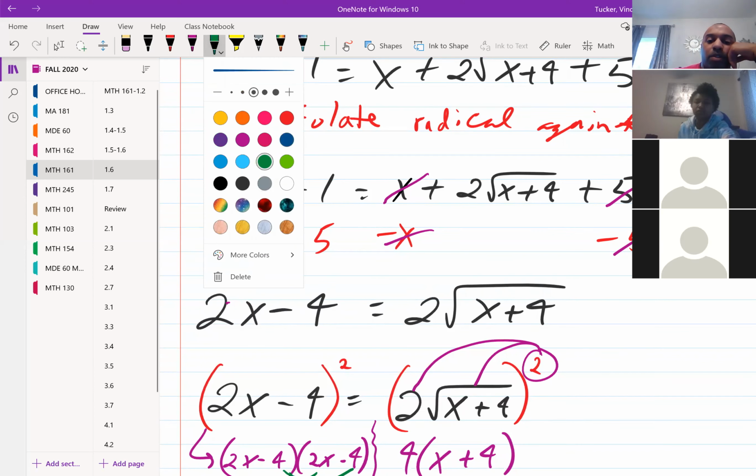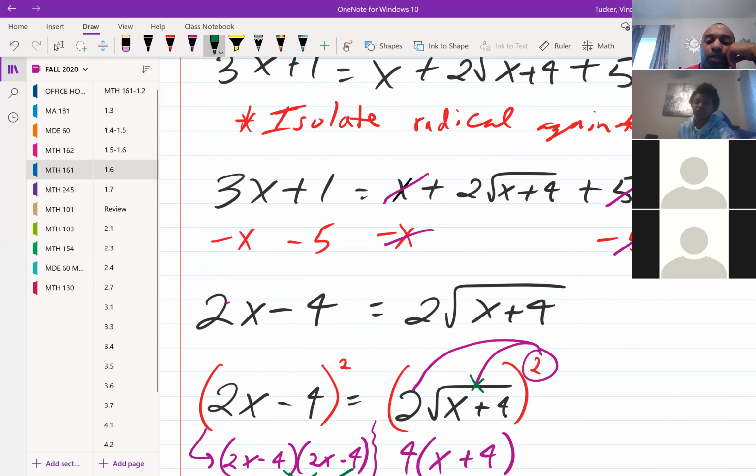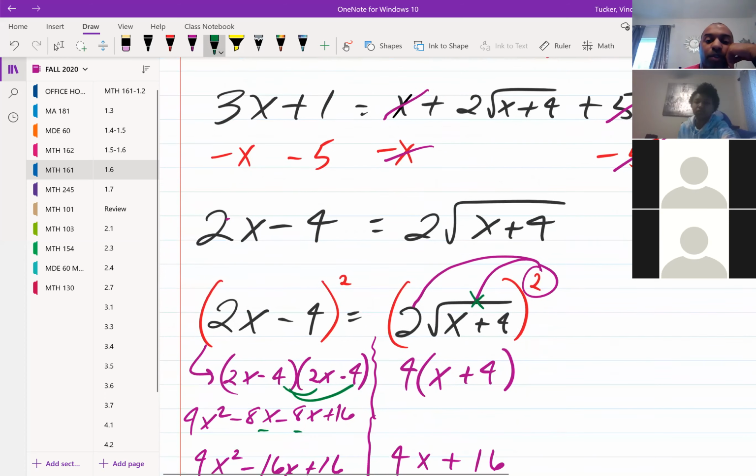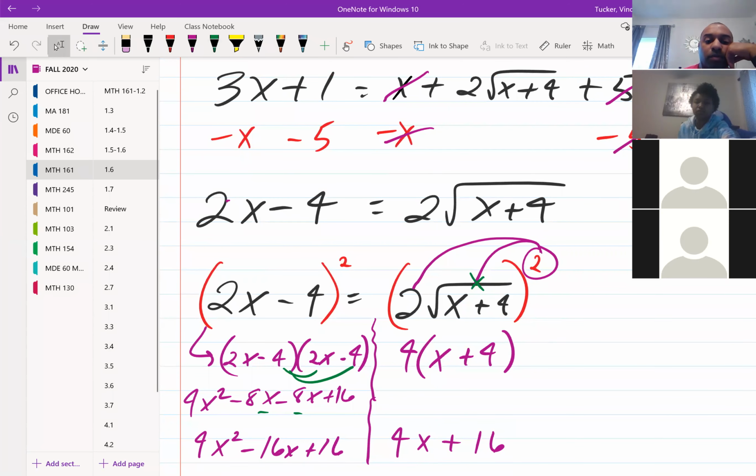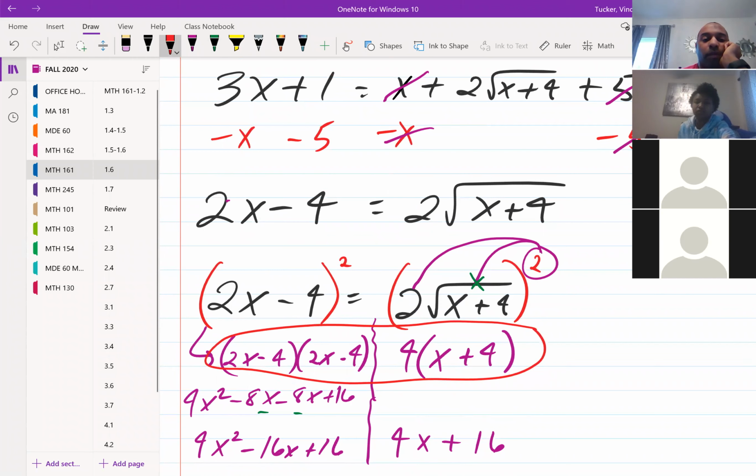So the square root will cancel, leaving you with just x plus 4, and then 2 squared is 4. So right here is the result of the squaring: 2x minus 4 times 2x minus 4, and then 4 times the x plus 4.